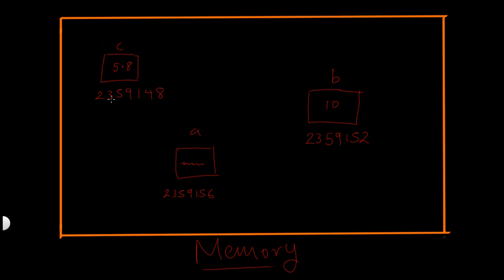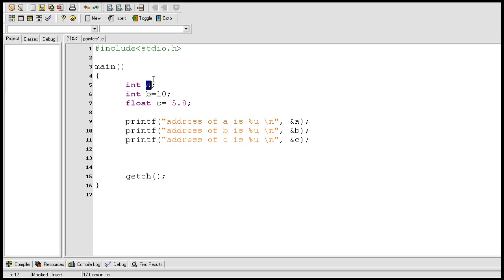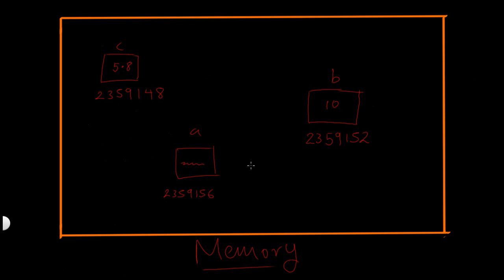This memory location is allocated to c and the address of c is this. This memory location contains a garbage value because a is not assigned any value. This memory location contains 10 and this memory location, which is c, contains 5.8. Data in memory is not actually stored in this manner. The value of c will not be stored like 5.8. It will be stored in binary form, in the form of zeros and ones.